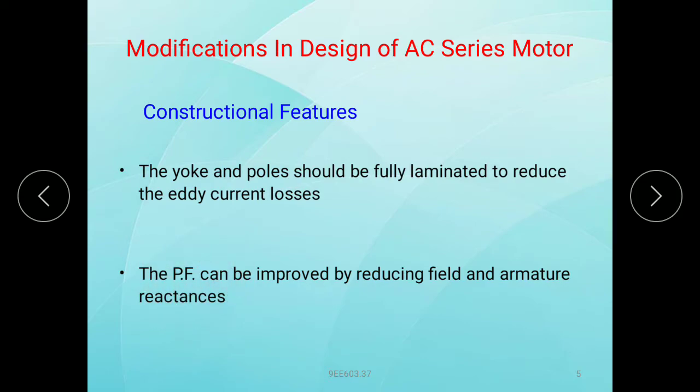The low power factor is due to the armature and field reactance. By reducing XF and XA, we can improve the power factor.